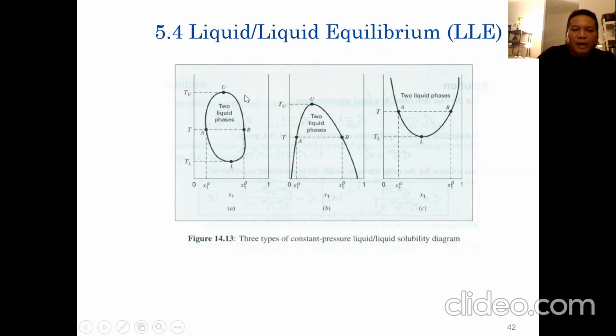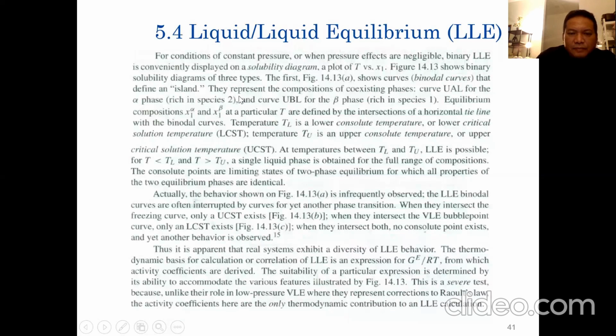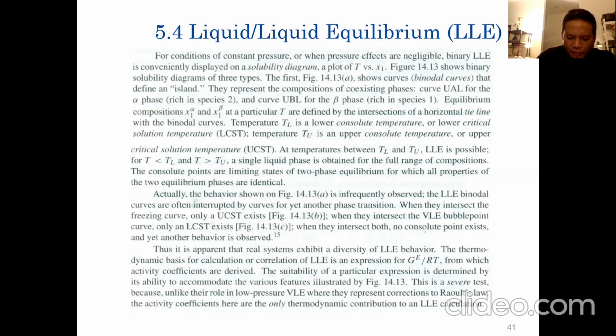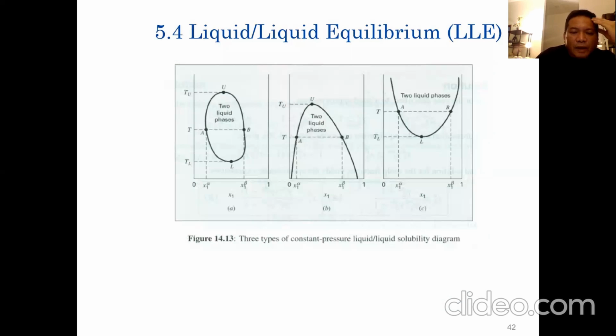UAL is rich in species 2, because it's alpha, and then UVL is rich in species 1, because it's closest to 1 here.